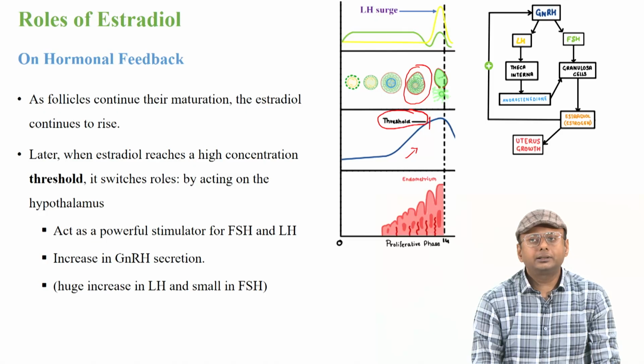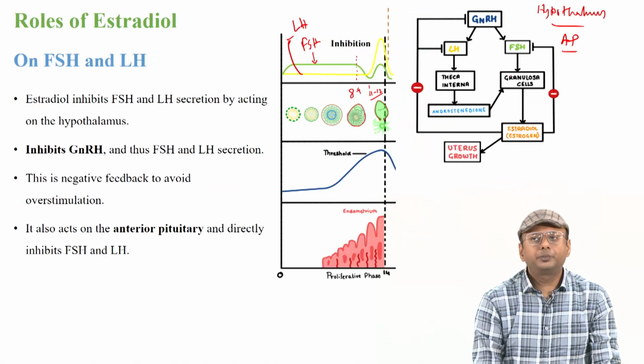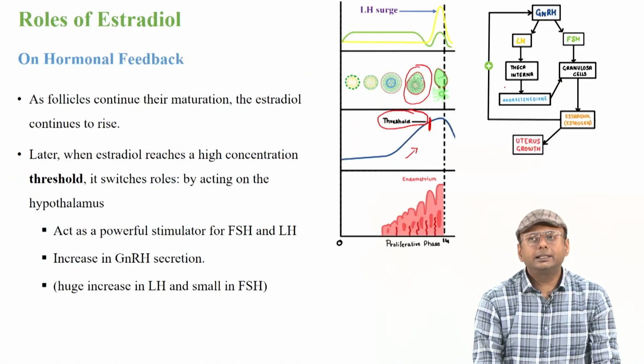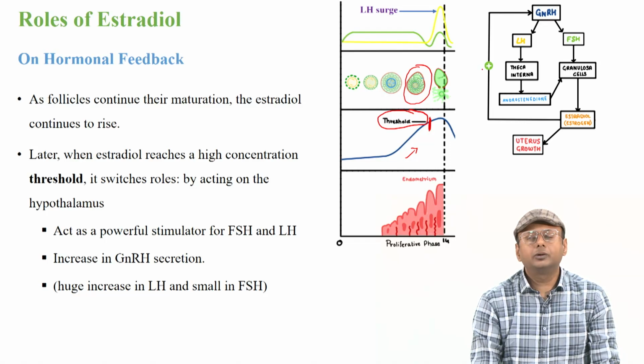So at a certain threshold level, this previous negative feedback loop, which was initially established maybe at this range, basically goes away and switches to a positive feedback loop.